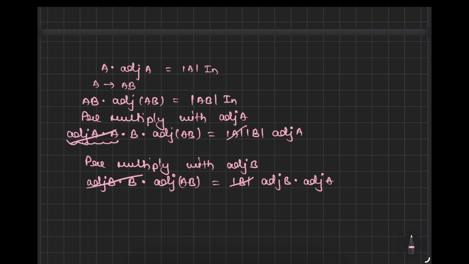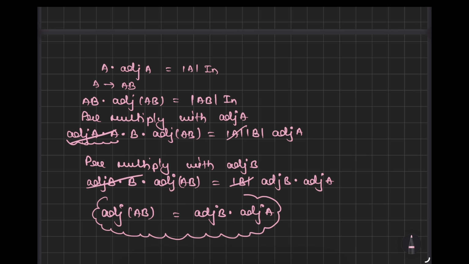So this thing vanishes. So can I say that adjoint of AB is nothing but adjoint B adjoint A? So this is the next property that you have to digest.